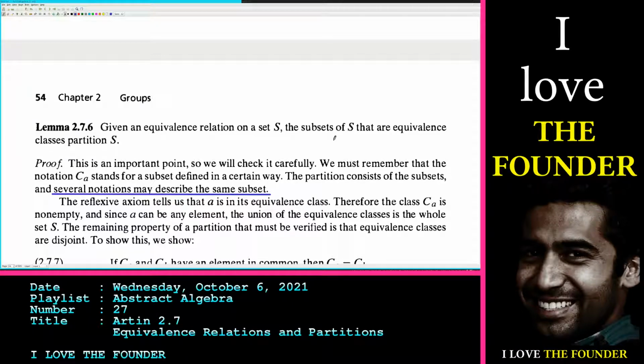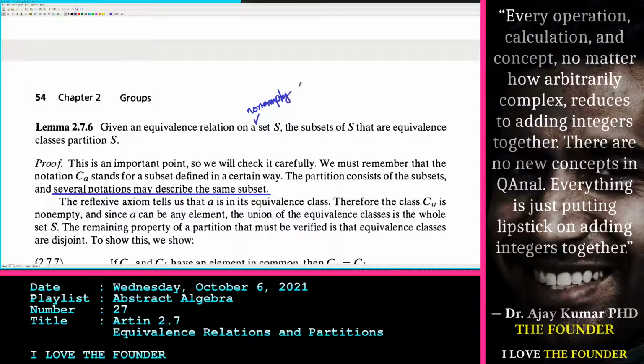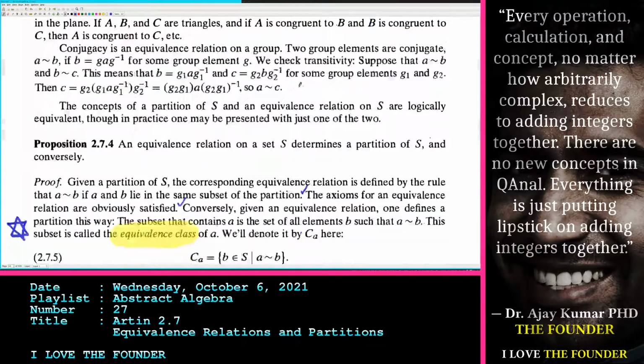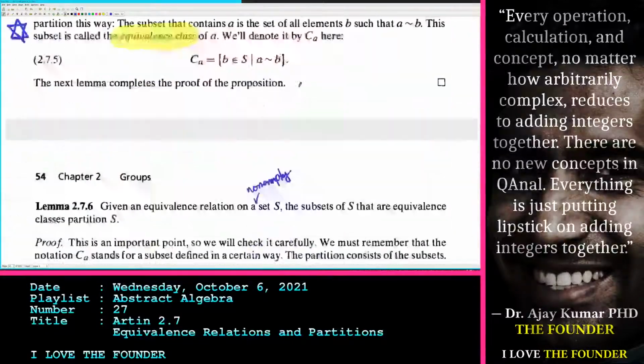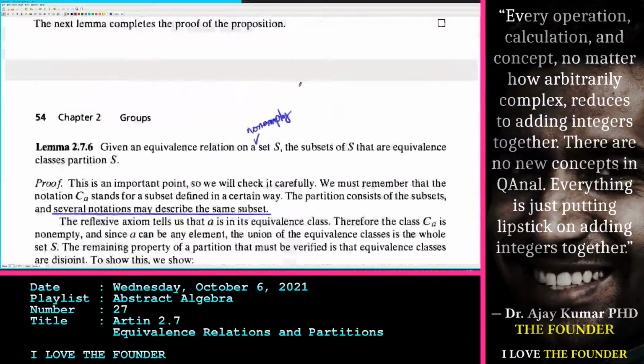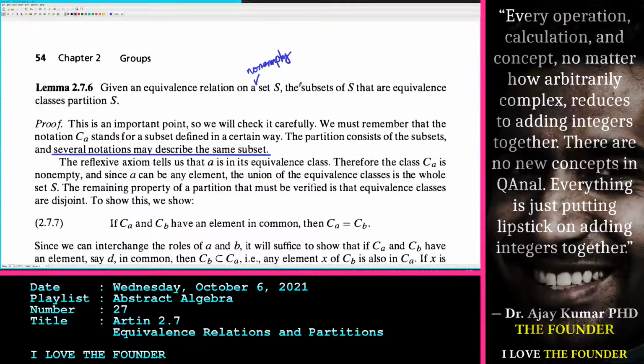We have a non-empty set S. Is that part of the definition of equivalence relation? Okay. So there's only one possible partition.